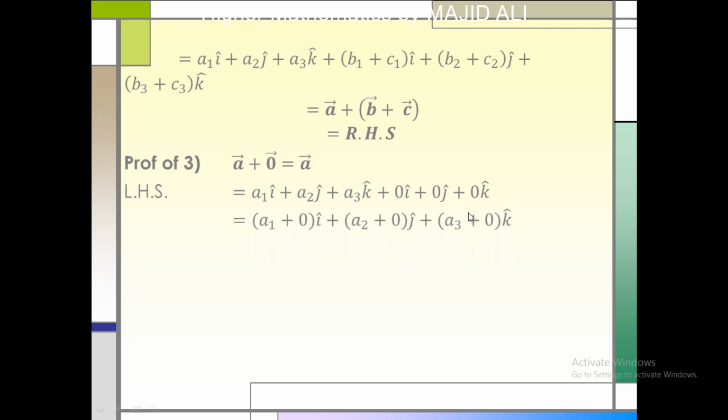By adding the same components, a1 plus 0 into i, a2 plus 0 into j, a3 plus 0 into k unit vector, which is the same because we know that 0 is the additive identity. So if we add any value to the identity, we get the same term, which is equal to vector a on the right hand side.